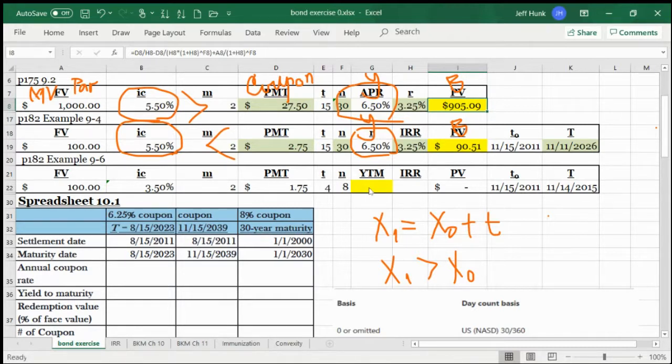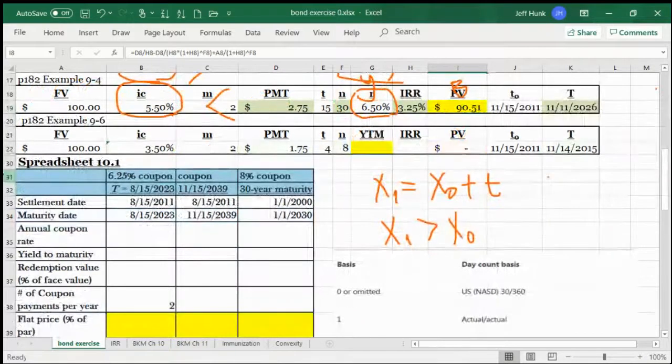We're going to come back to this, but after doing spreadsheet 10.1, it will take another 30 minutes to do the next one. So let me stop the recording at this point, and I'll see you back in the next video with the next example. Okay? Stop recording.